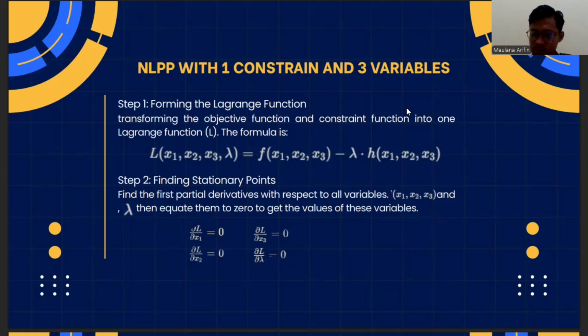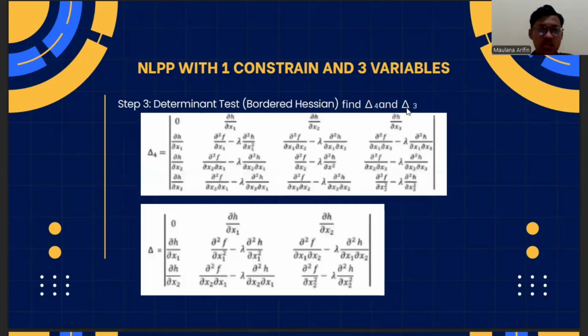And next, step 3, determine the test bordered Hessian to find determinant 4 and determinant 3.